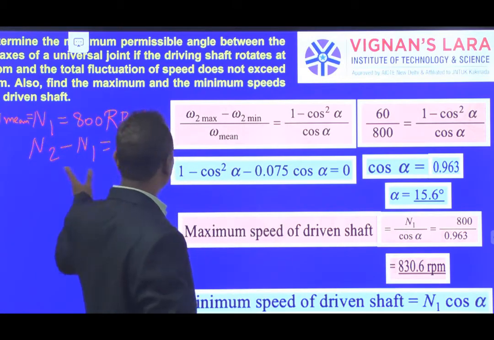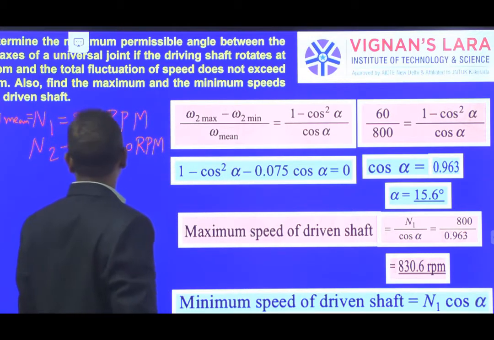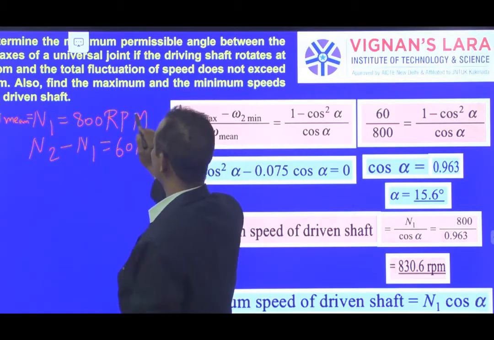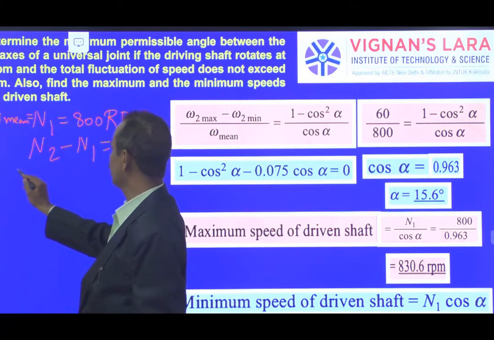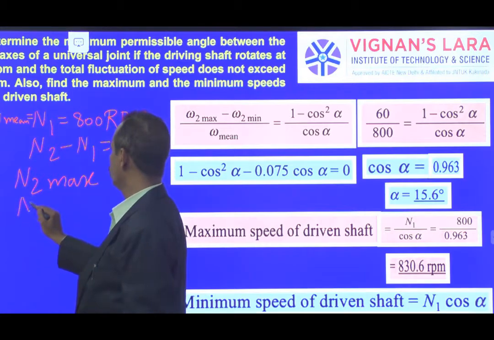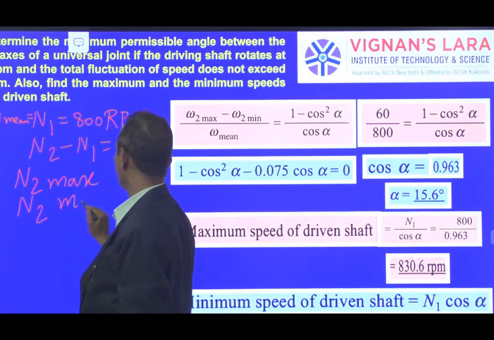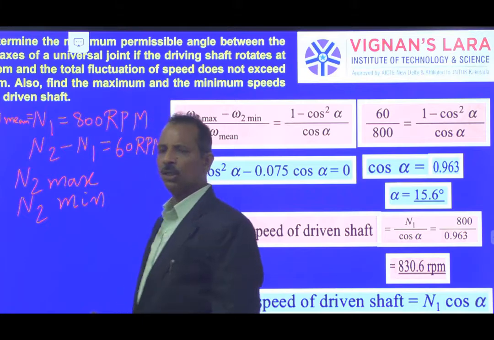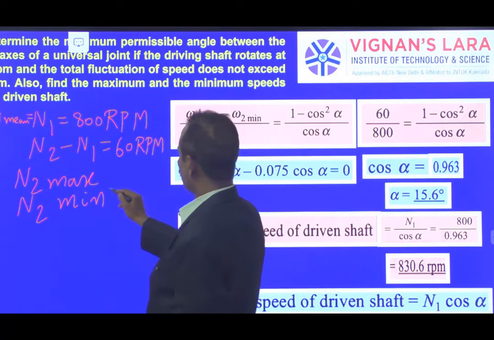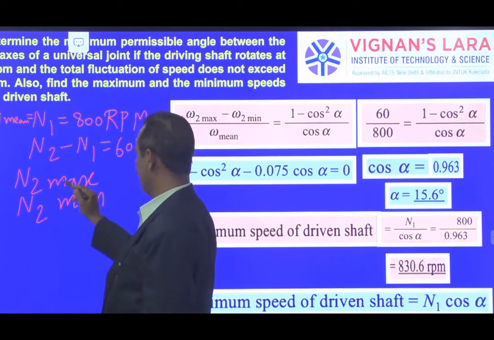Here what is asked? Find the maximum and minimum speeds of the driven shaft. That means N2 max and N2 minimum. So this is the requirement.